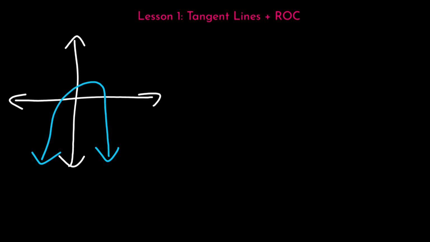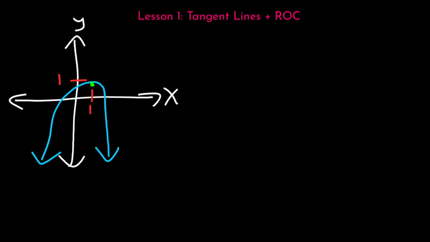So if I want to find, let's say, the instantaneous slope at x equals 1, if this is x equals 1, and let's say this is y equals 1, this is my x and y lines, okay? Now I want to find the tangent line at this little point. What's it going to be?